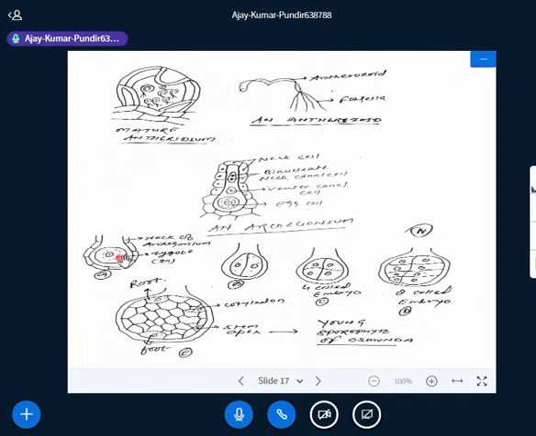The fertilization takes place at the base of archegonium. This is the neck of archegonium, and it is the basal portion of the archegonium in which the diploid zygote is formed after the fusion of male and female gamete. The male gamete is so active, multiflagellated, and the egg cell is so passive and non-motile.